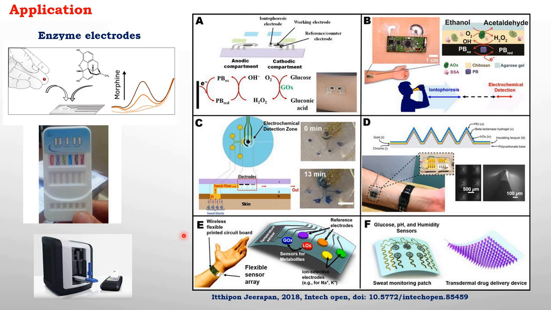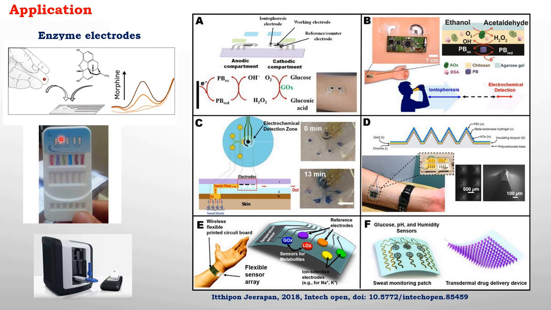The immobilization technique is very much used in future medicine for flexible sensor array development, like detection of an alcoholic person, and electrochemical detection by ionophoresis. There are lots of enzymes immobilized onto the surface.